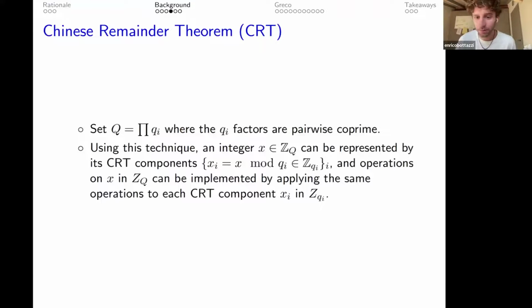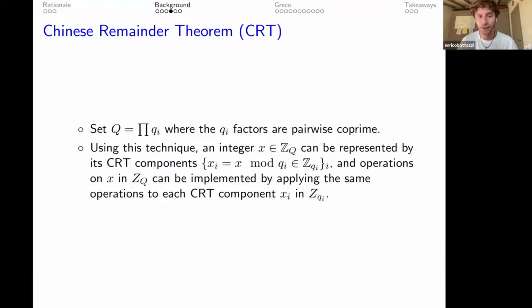Another notion that is important is the Chinese remainder theorem that you might have used in other contexts. When we have a large number, which is Q in our case, the ciphertext modulus, we can also define it as a product of factors Qi's, as long as these factors are pairwise co-prime.